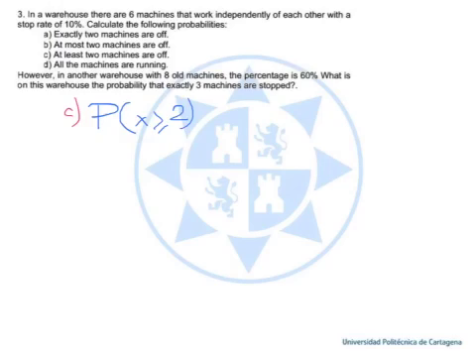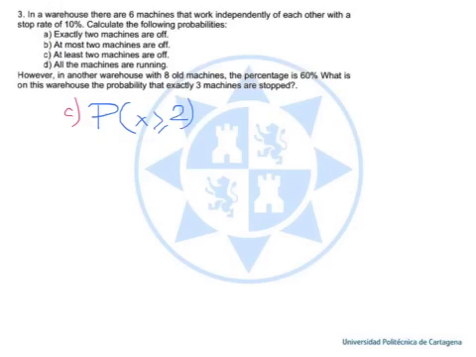Now let's continue with part C, where we are asked to calculate the probability that at least two machines are off. That means that we are asked to calculate the probability that x is greater than or equal to 2.